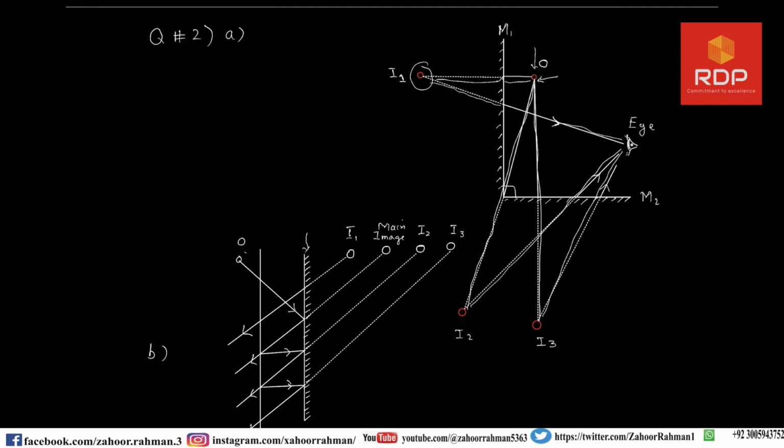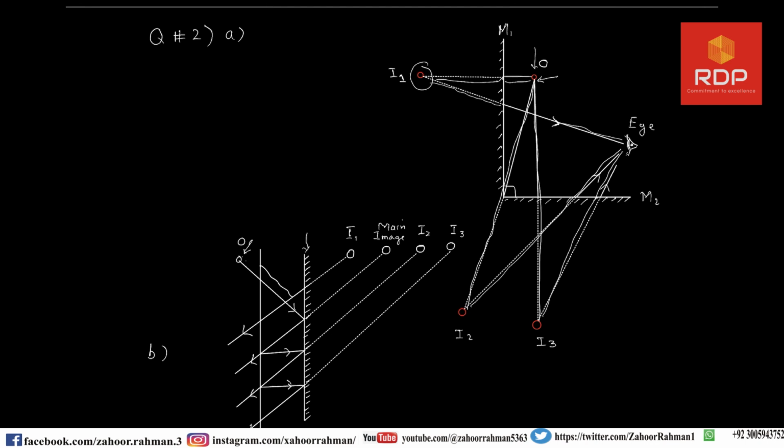Now the object is here, and the first image will be formed with a very weak reflection. There is internal reflection inside this as well. So you can see that there is internal reflection as well.